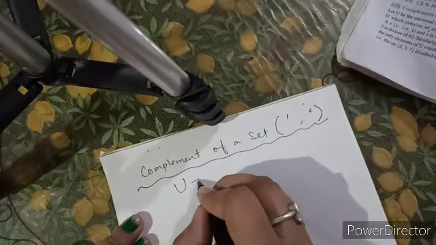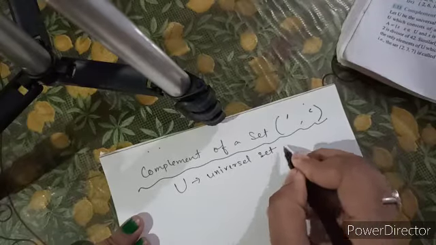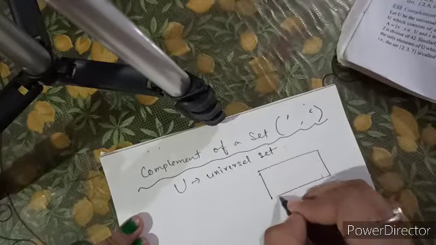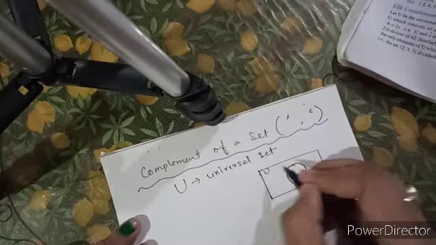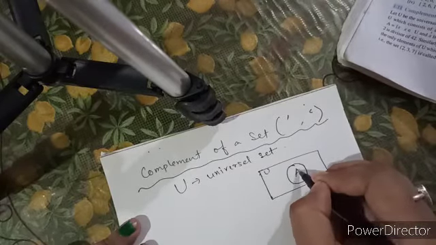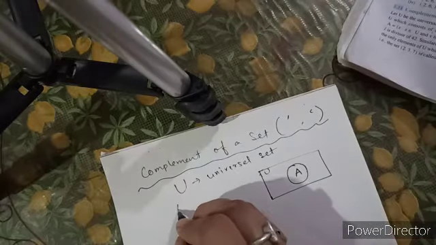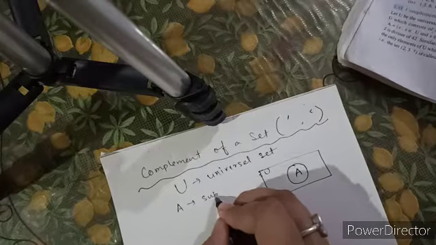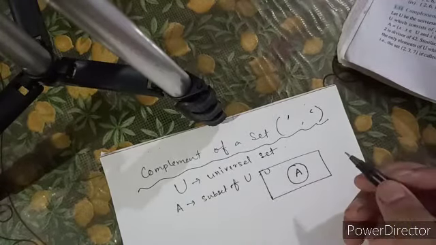As we all know, U is a universal set, and inside this universal set, if you have a set which is defined as A, we know that A is a subset of U, isn't it?